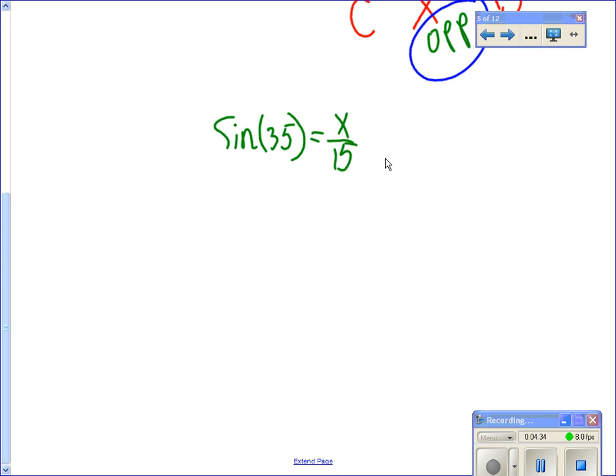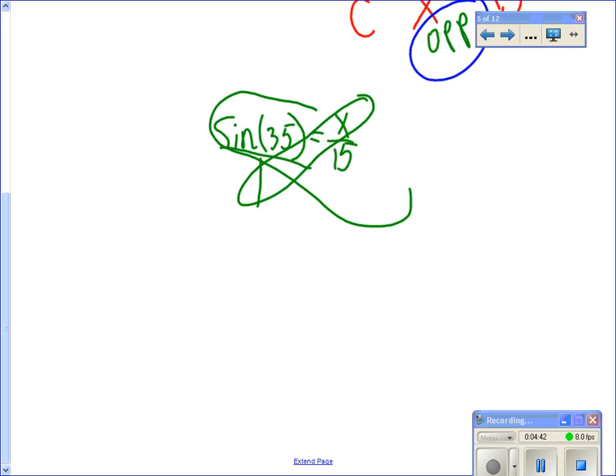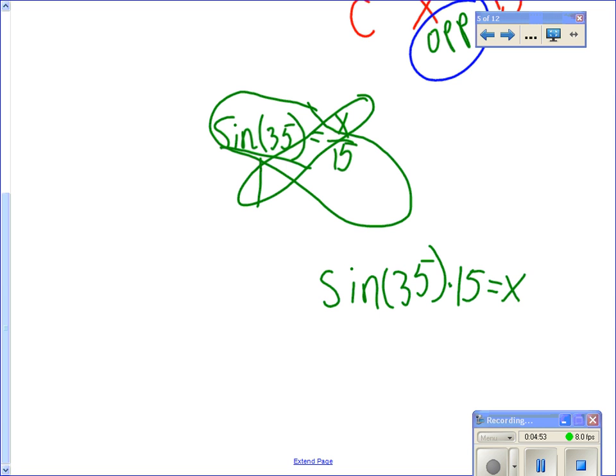All right, so the easiest thing to do when you see these is to just put it over 1, because now I'm going to cross multiply to solve for X. Because again, we're looking for that opposite side length. So the sine of 35, we're going to multiply that by 15, is going to equal X. So now on my calculator, make sure you're in degree mode.